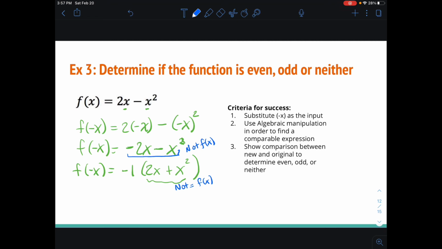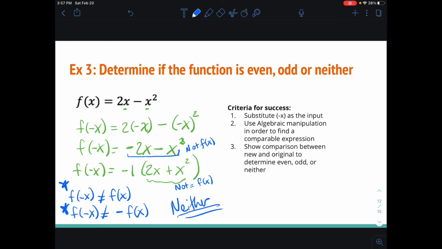So what I can actually say at this point is when I plugged in this value, it was not equal to the original, and it was not equal to the opposite. This is my last line here, the opposite of f of x. It's the opposite of something, but it's not f of x. So for this one, we will write neither. But you do need to show that you've looked at both scenarios to see if it could be even or odd.